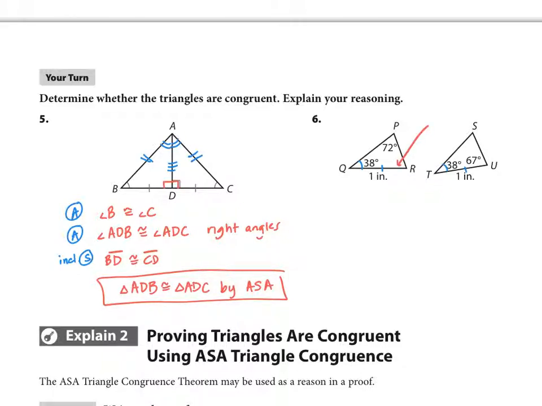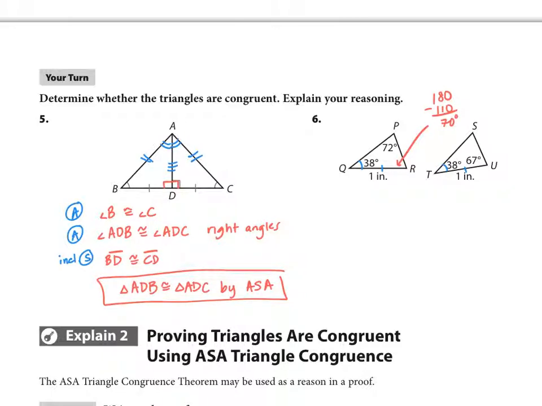In order to get that angle, we subtract 180 minus the other two that we know. So 72 and 38 added together makes 110 degrees, which leaves 70 degrees left.